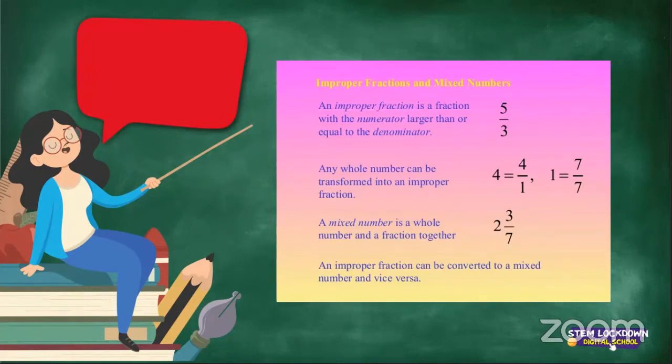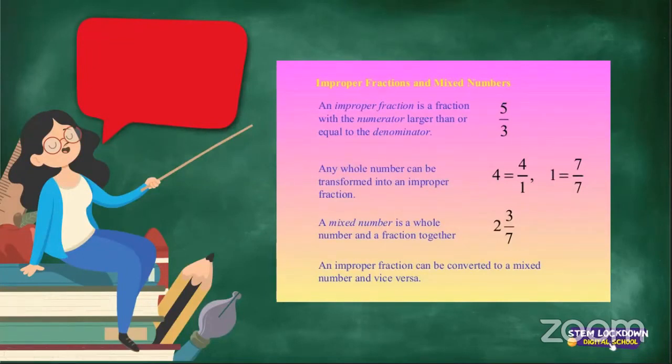So 4 is equal to 4/1, and this is an improper fraction because the numerator is bigger than the denominator.